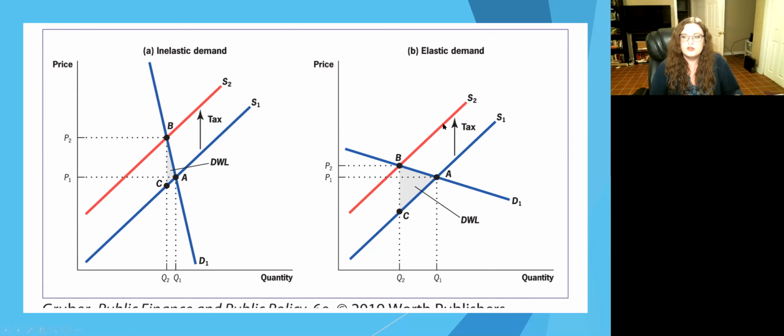Well, then if we introduce a tax on the supplier, what do we see happen? Well, we see that the price doesn't change by a lot because you can't change the price a lot on these people. They're really very willing to run away, but a much larger deadweight loss triangle has been created. That's pretty interesting. So notice that deadweight loss is much larger when we're starting to look at more elastic goods.